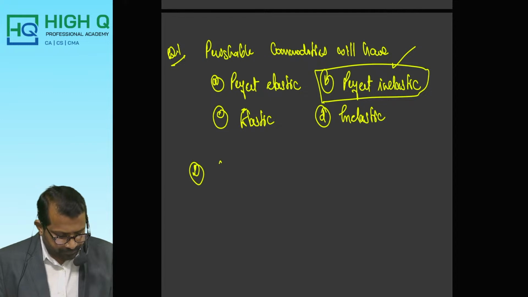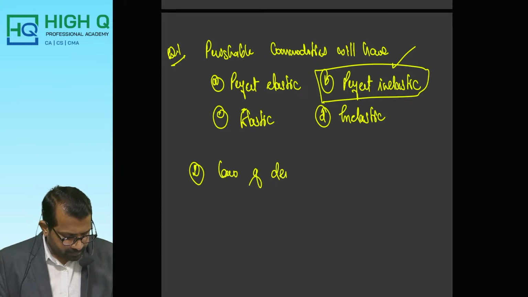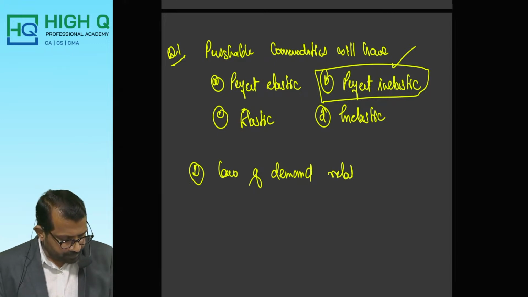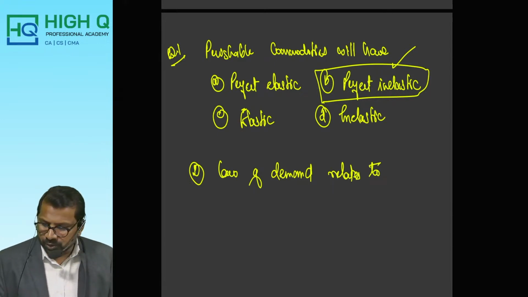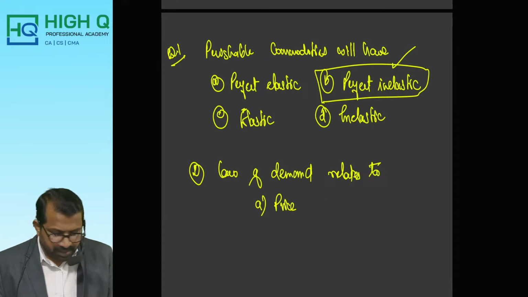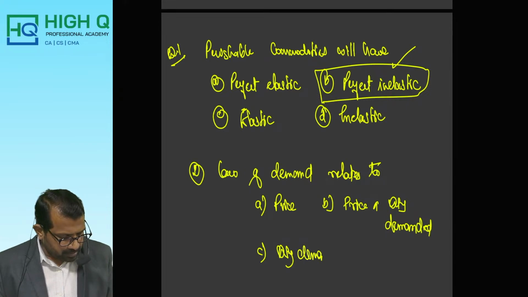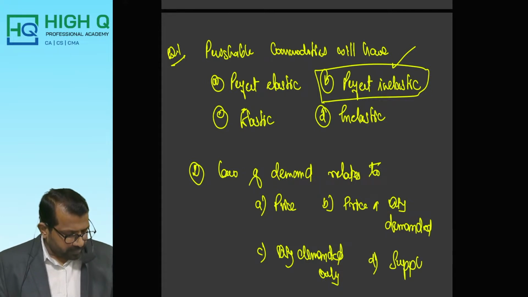Second question. Law of demand relates to: A, price; B, price and quantity demanded; C, quantity demanded only; D, supply.